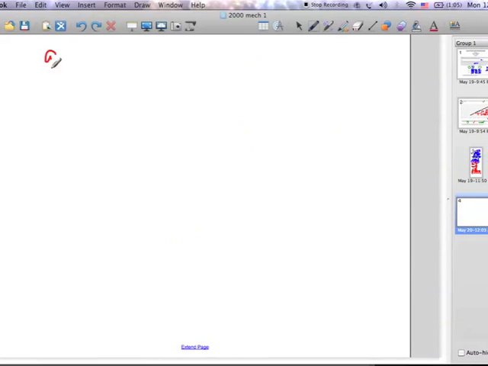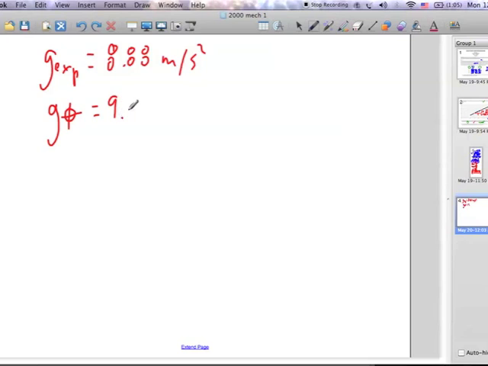Our g experimental, we got 8.88 meters per second squared. g on Earth equals 9.8 meters per second squared.